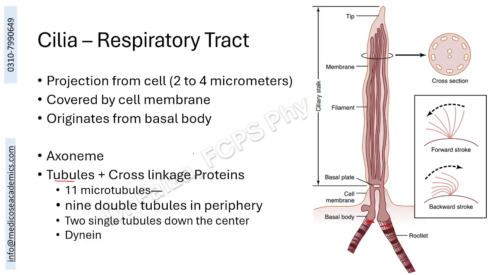Now, if you recall the cellular organelle session and the structure of the centriole, it also had an assembly of 9 microtubular sets, but those were triplets. 9 triplets of microtubules were arranged to form the centriole, with no separate single set of 2 microtubules in the centriole, whereas it is present in the cilia. So 9 doublets plus 2 singlets, overall 11 microtubules, and also an associated dynein protein.